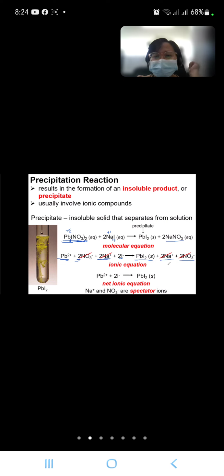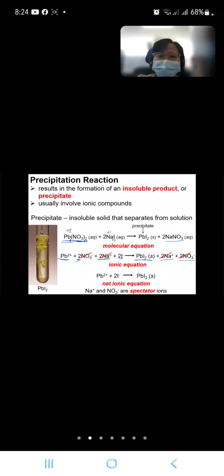Okay, now in this ionic equation, there are ions which are considered as spectator ions. Okay, and these spectator ions can be found in both sides of the reaction.